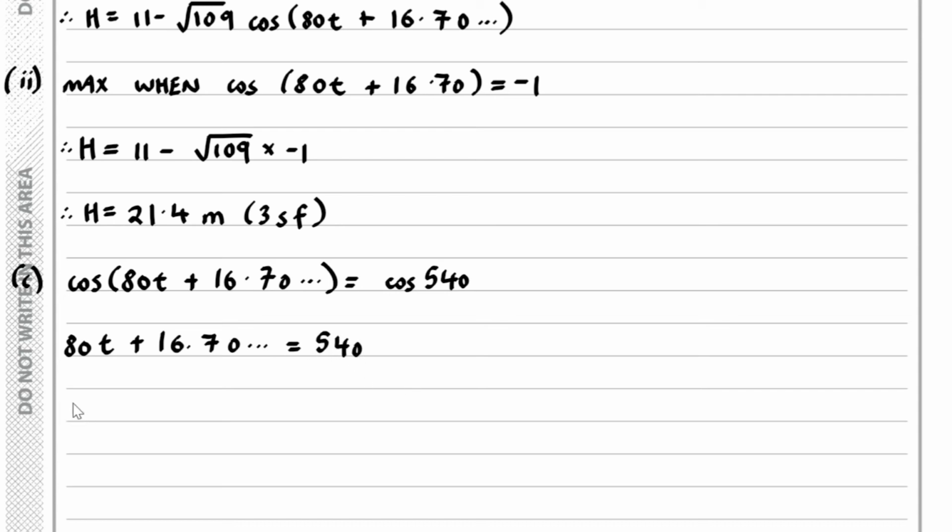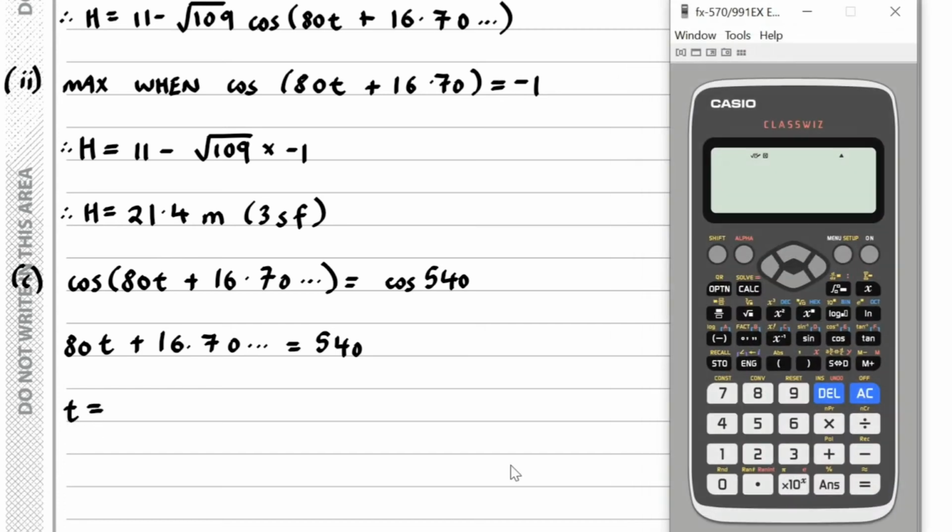So now I need to find out what t is. So I've got 540, take away that value, and if I divide this by 80, I get 6.48, etc. So therefore I've got 6 minutes, and take away 6, and then times by 60, I get 20.